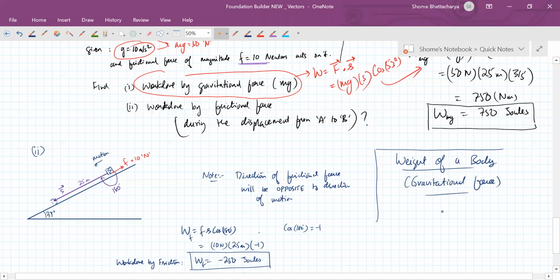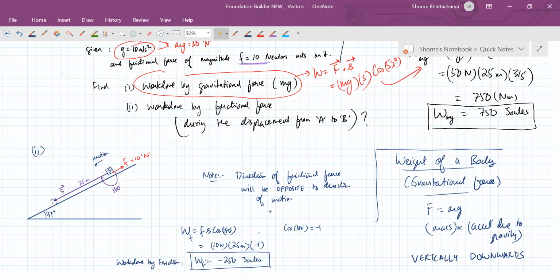It is mg, that is mass multiplied by acceleration due to gravity, and it always acts vertically downwards. The direction of gravity is downwards. So whether the body is on an inclined plane or a horizontal surface or wherever it's lying, it does not matter. The direction of the gravitational pull that the earth is applying is always vertically downwards, and its magnitude is mass into g.